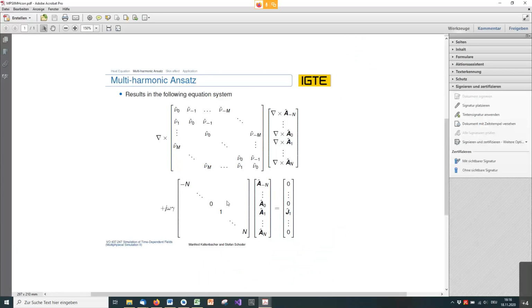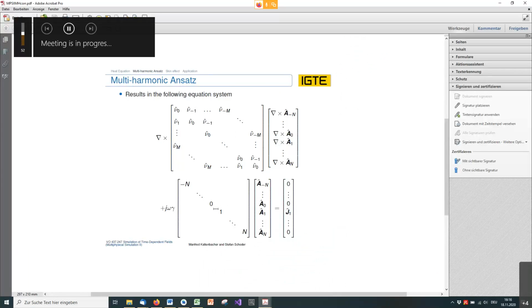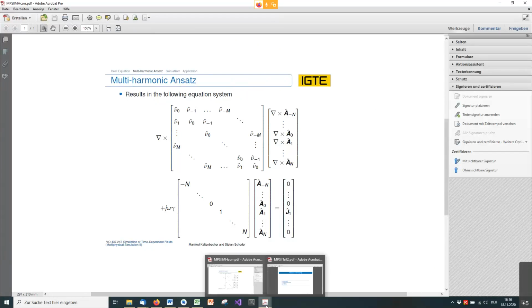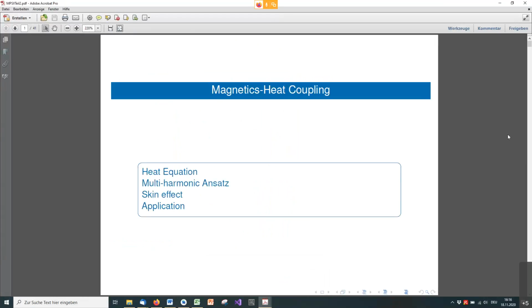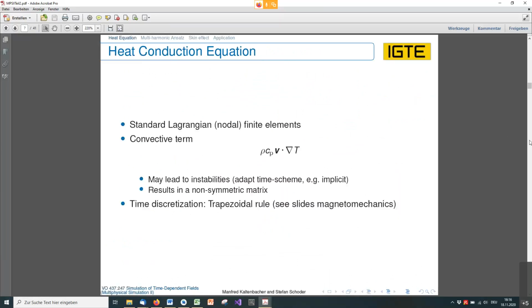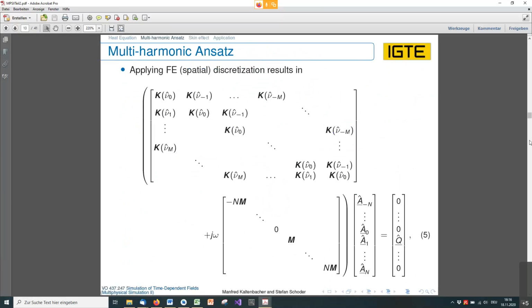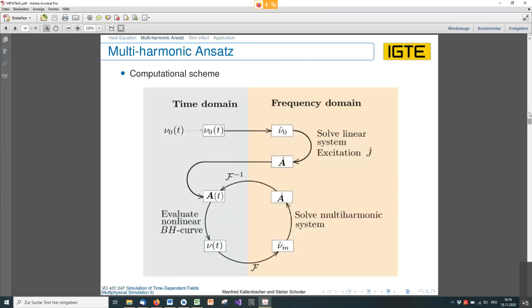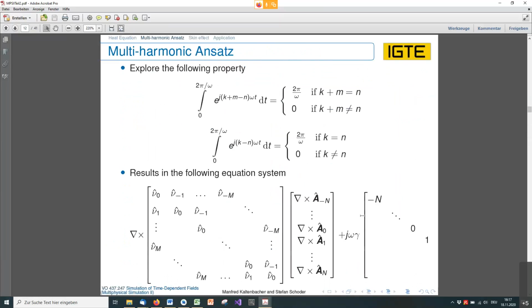Yes. Okay, perfect. The last time, I promised you that this one slide of the multi-harmonic ansatz was wrong or didn't show the whole story. I think it was slide 12.